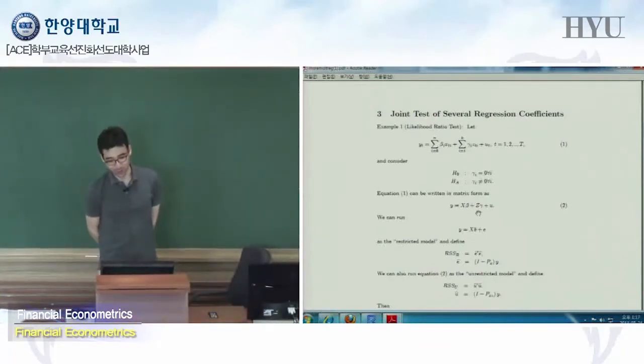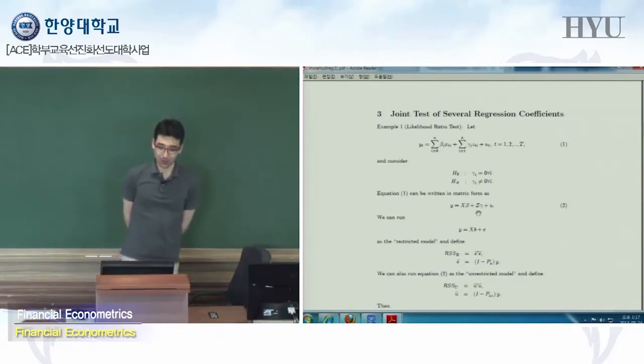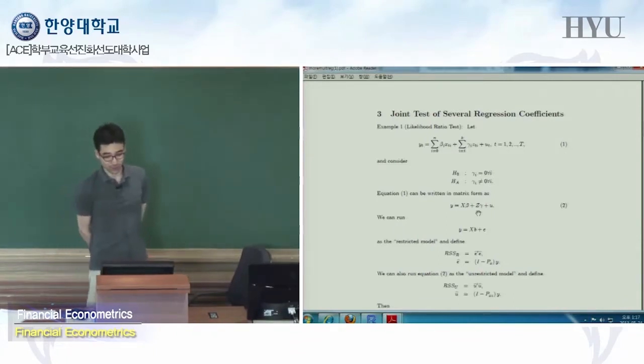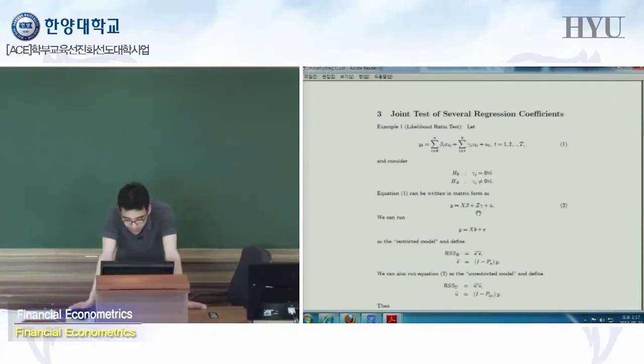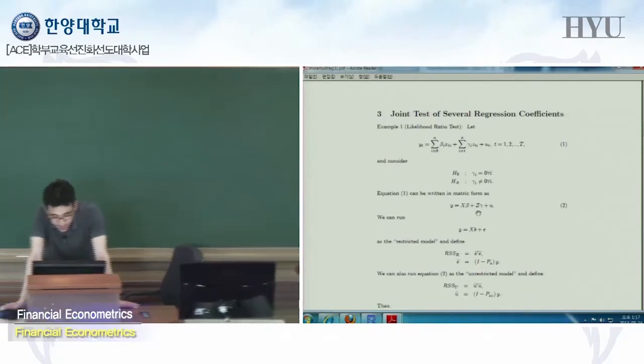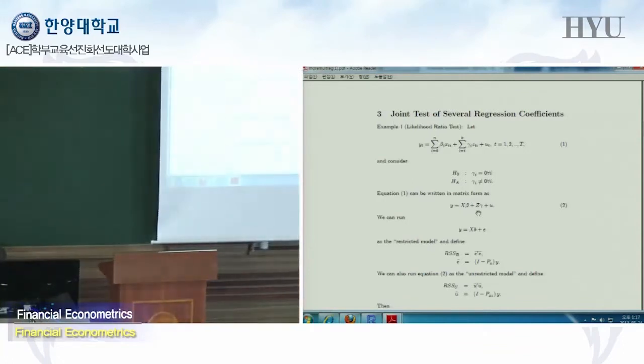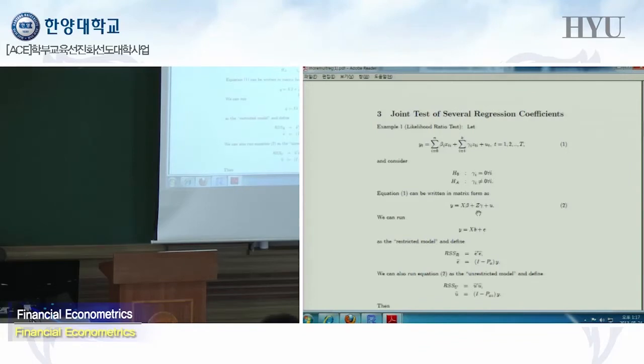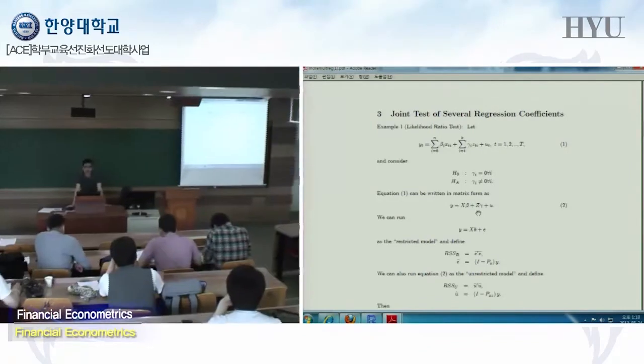Therefore, we have only y equals x beta plus e. From this restricted model, we can calculate the residual sum of squares, which is RSSR, e hat prime e hat. Here e hat is the projection of y on the null space of x, or y minus the projection of y on the space spanned by x.